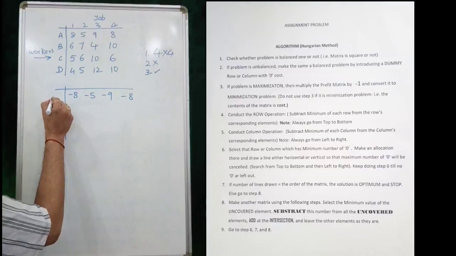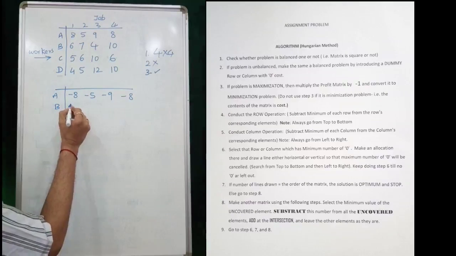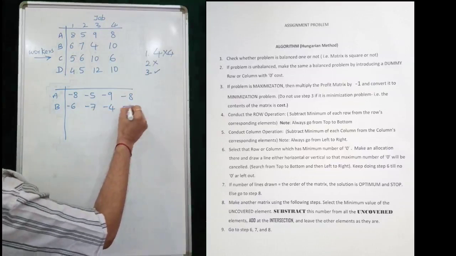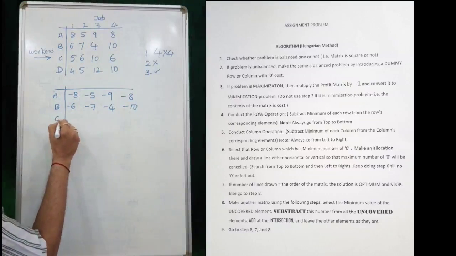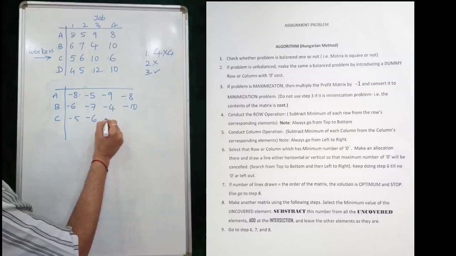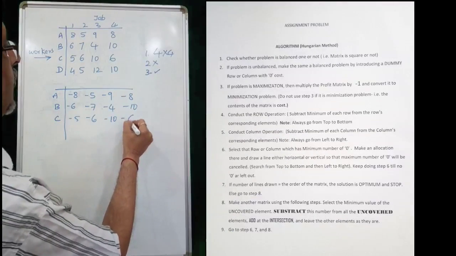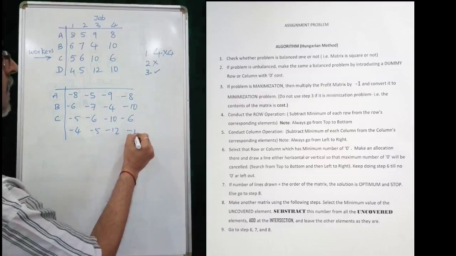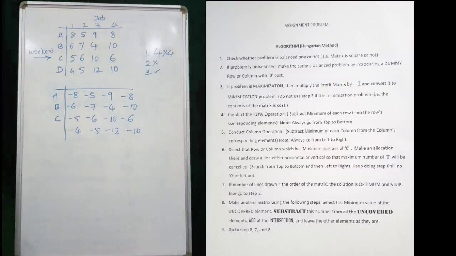For B, I will get -6, -7, -4 and -10. For C, -5, -6, -10 and -6, and for D, -4, -5, -12 and -10. I have done step number 3.